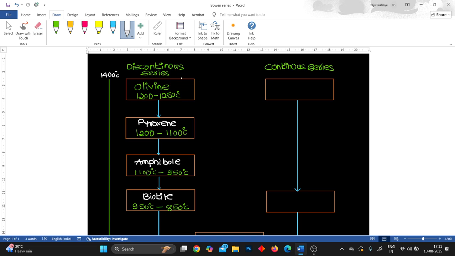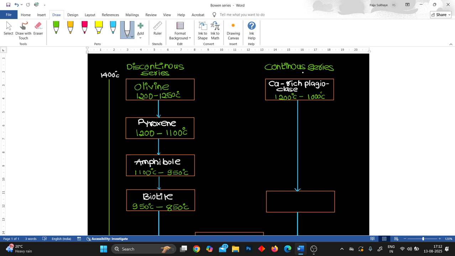In the continuous series, when the temperature goes to about 1200 degrees Celsius to 1000 degrees Celsius, in this temperature range only, the next mineral, calcium-rich plagioclase, is going to get formed.